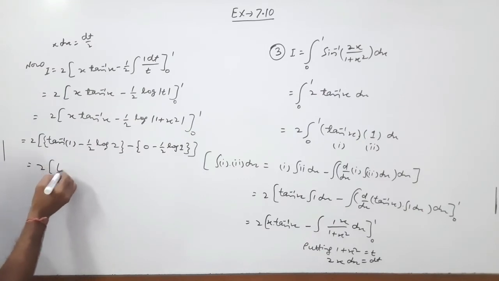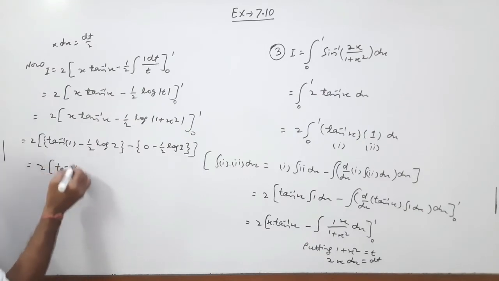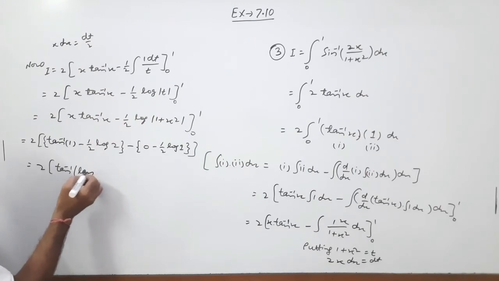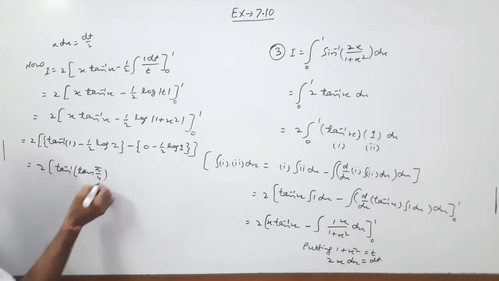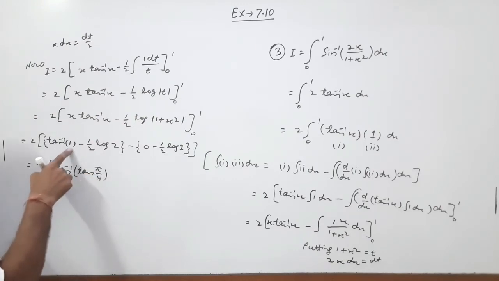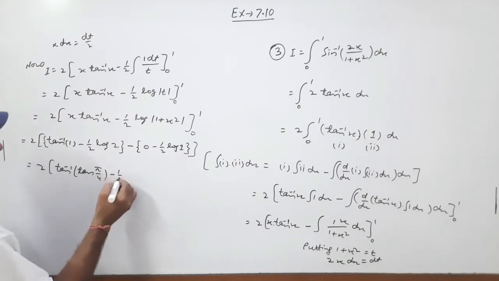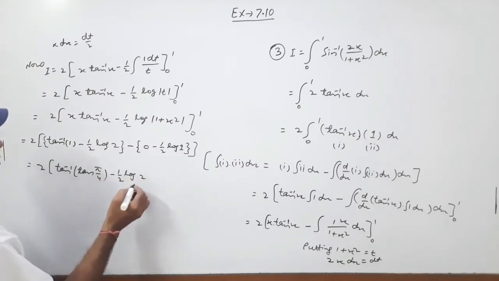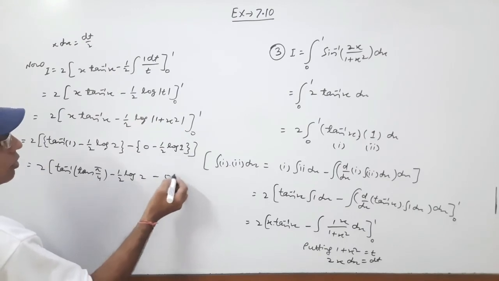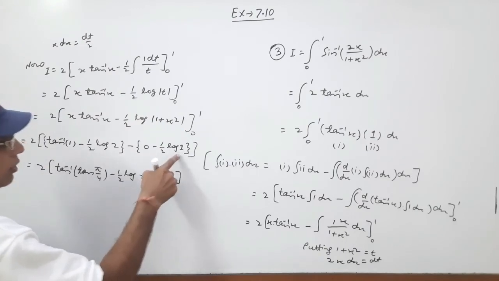We have tan inverse. In place of 1 we can write tan pi by 4, because 1 is the value of tan pi by 4, minus 1 by 2 log 2, and this becomes 0, since log 1 is 0.